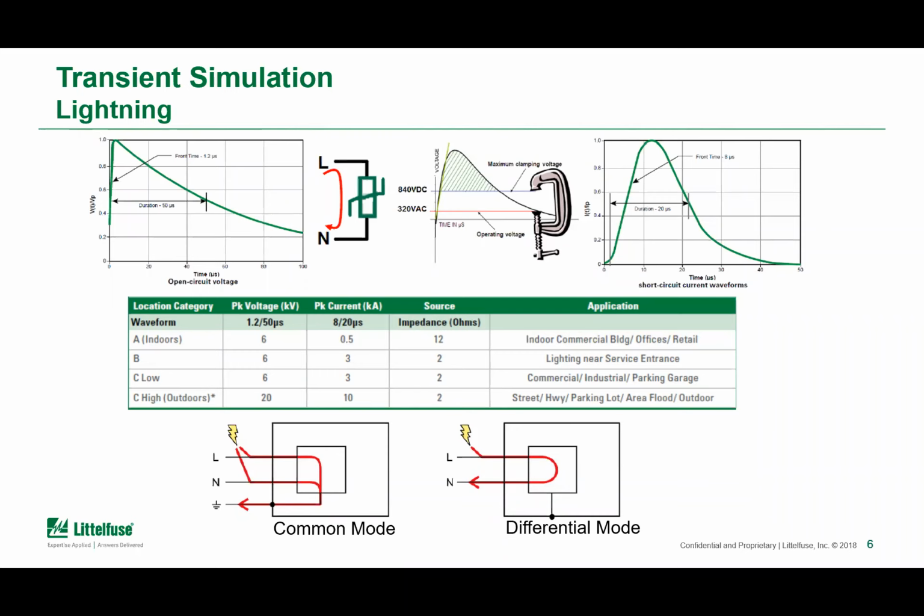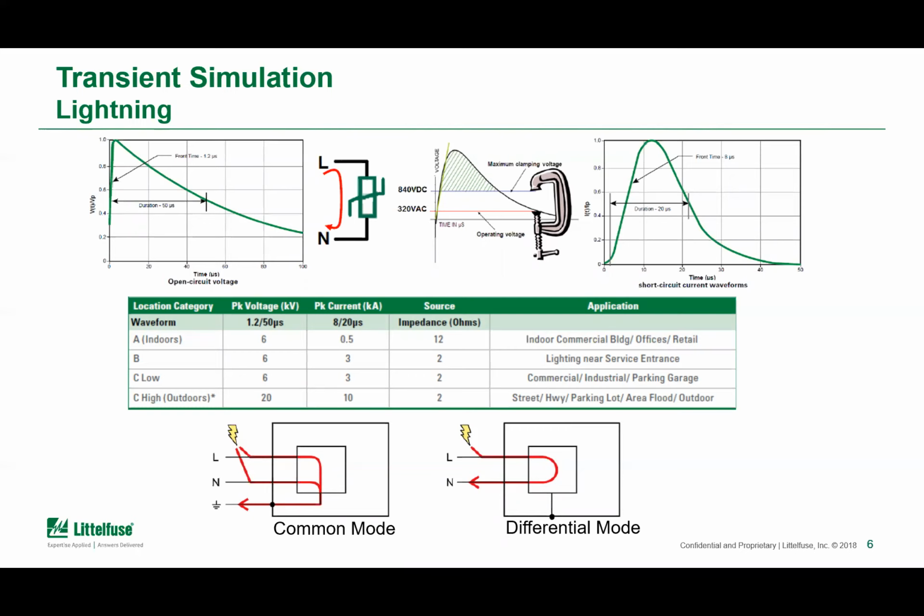The chart in this particular slide is taken directly out of the IEEE standard, which is IEEE C62. Based on their studies, they developed recommendations for the levels they recommend testing end equipment to. This is based on the location of the equipment within the electrical system.